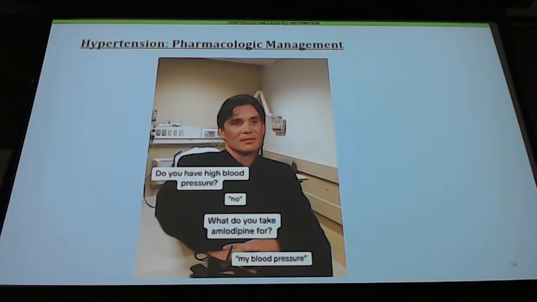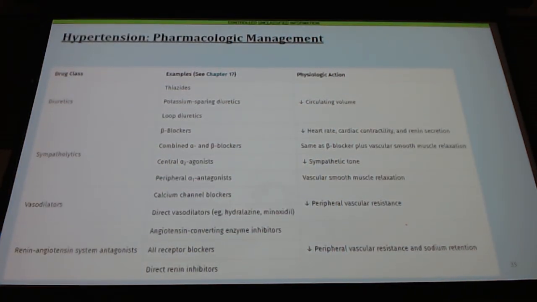So, we talked about the lifestyle modifications. For some patients, lifestyle modifications may not be adequate. Maybe they're going to need medication to actually lower their blood pressure. And I know you've talked about these in pharmacology, but there's a couple of overarching drug classes that we can use to lower blood pressure.